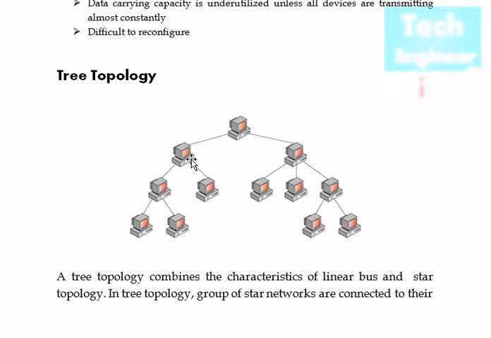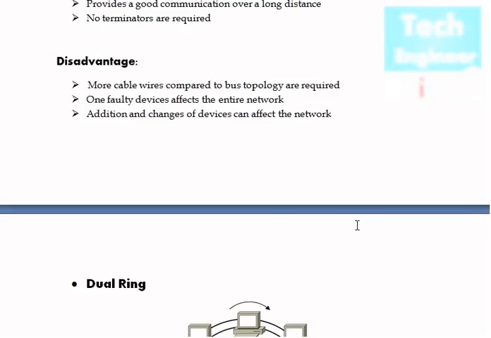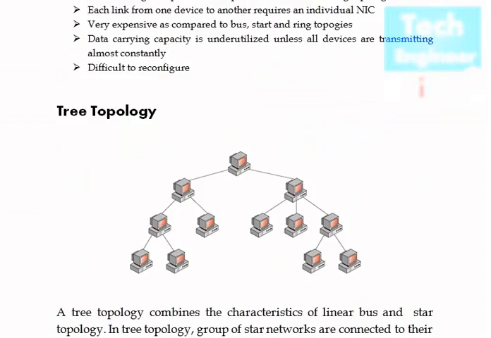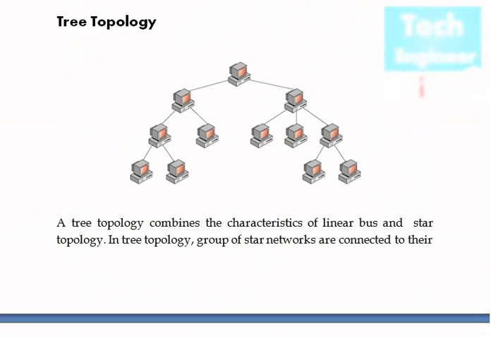If this cable gets connected to this device's NIC, and this cable gets connected to that cable, if I'm talking about the bus like this, and this device gets connected with many more, then it will be formed as a tree topology. It means one stem is there and all the branches follow that network. That's the reason it's known as tree topology.